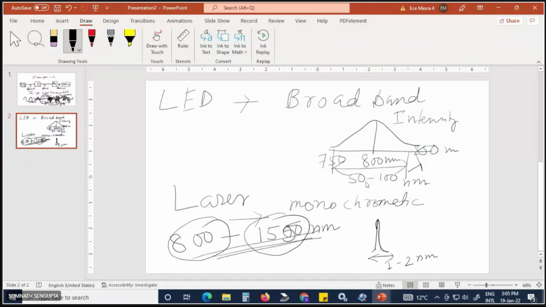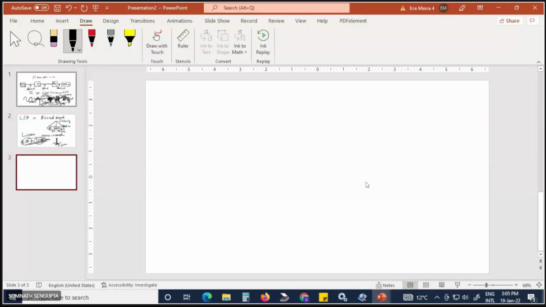Whereas for the laser it is plus 1, minus 1. So within this range the laser operates.